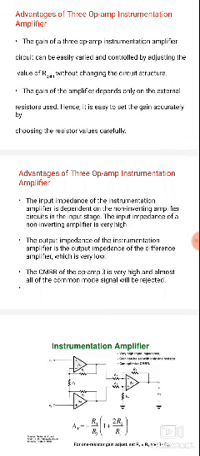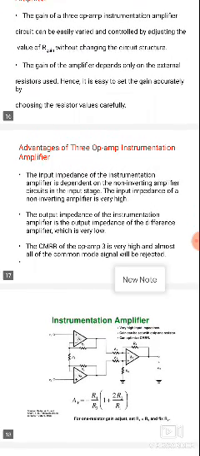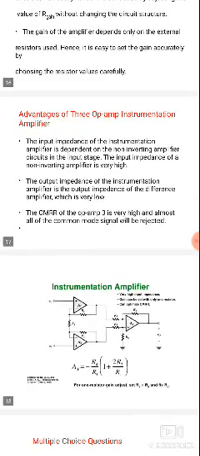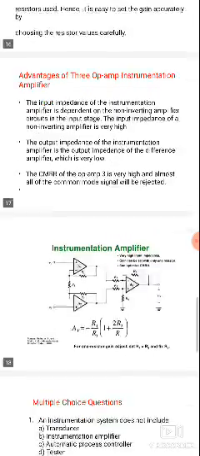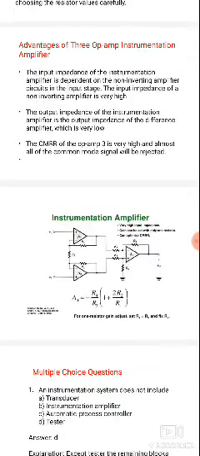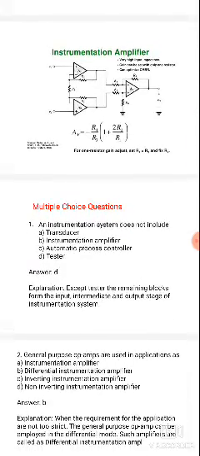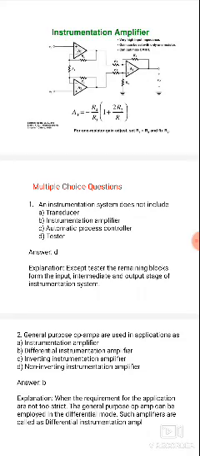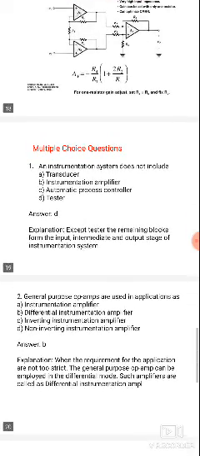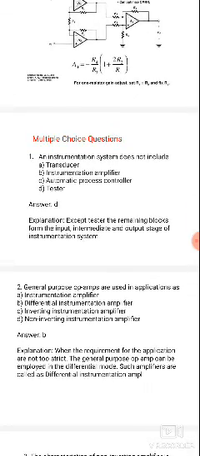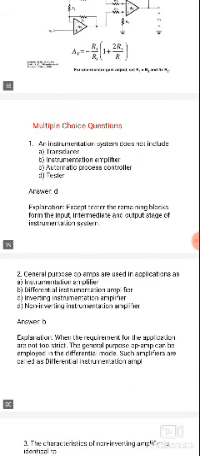Here we are using buffer amplifiers, and the CMRR of op-amp 3, the common mode rejection ratio, is very high, so almost all common signals will be rejected. Next, the instrumentation amplifier does not contain a tester. It contains a transducer, the instrumentation amplifier, and an automatic process controller like operational amplifier 3.